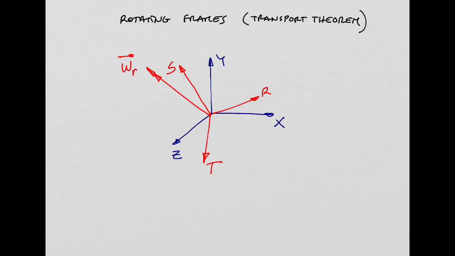And then imagine you have a position vector. I'm going to represent that position vector like this, R. A generic position vector, so you can have a point here at the top.